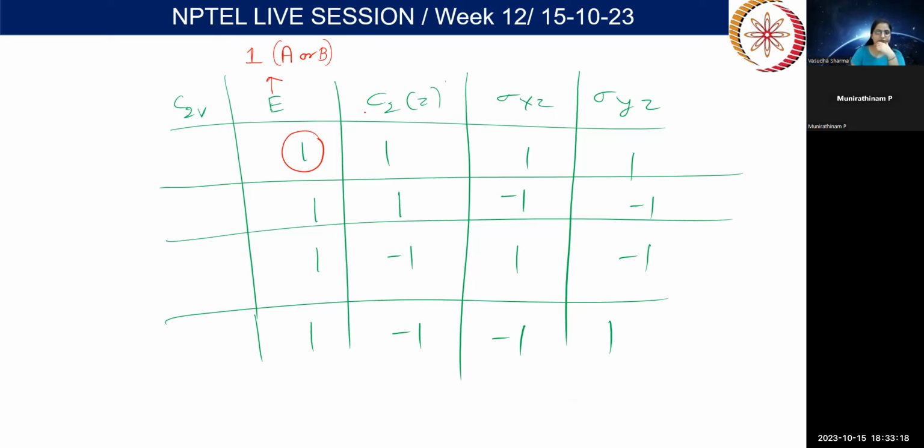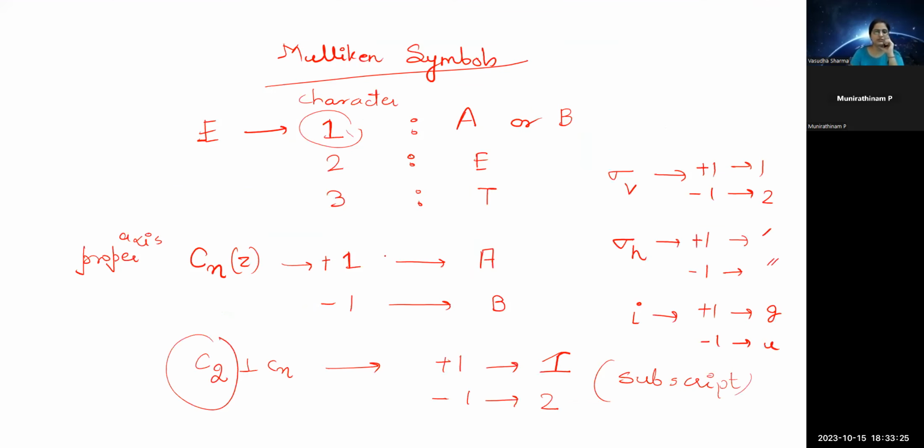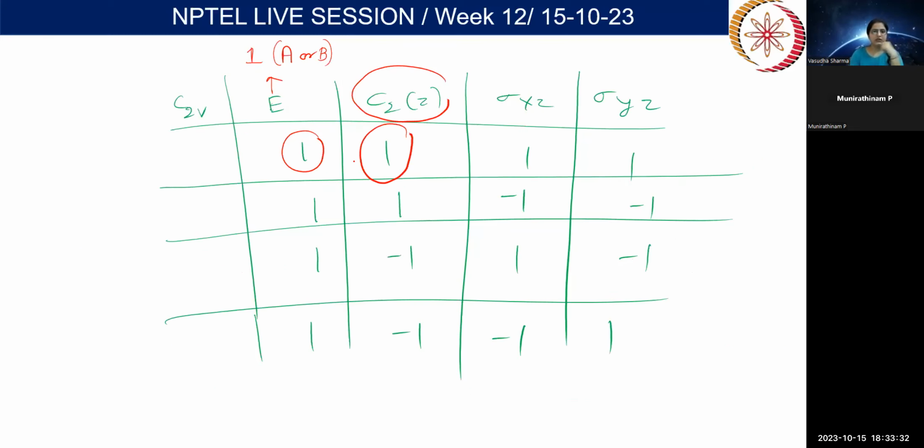Now look for C2. This is the maximum principal axis we have. So the value of C2 is 1. For 1 we said what would be the symbol? A. If it had been -1, then the symbol would be B, right? Now you tell me, if I have identity A or B, and underneath C2 Z it is 1, what would be the symbol, A or B? Yeah, ma'am. What about this one?